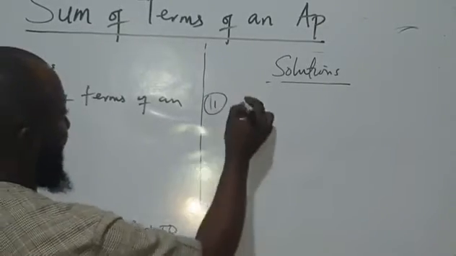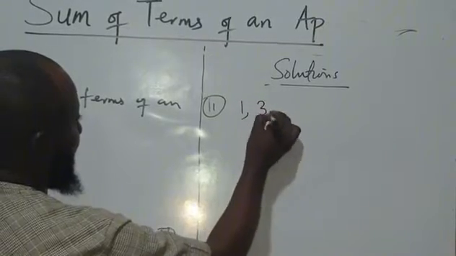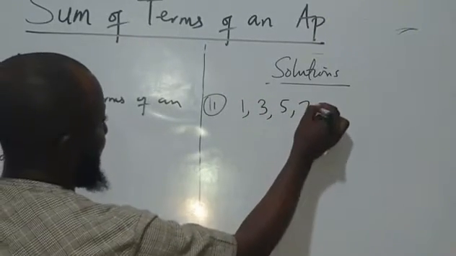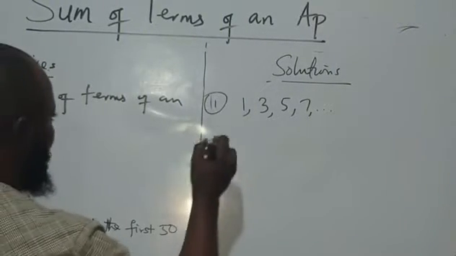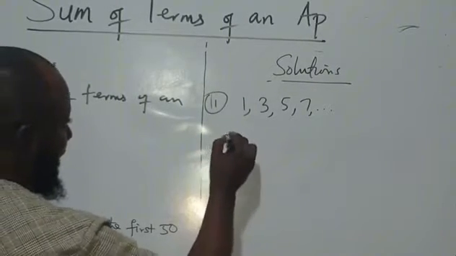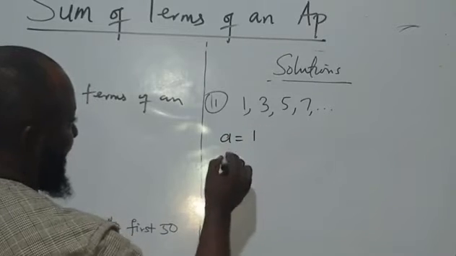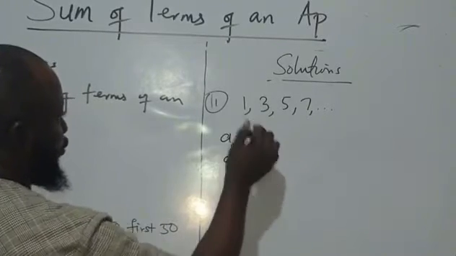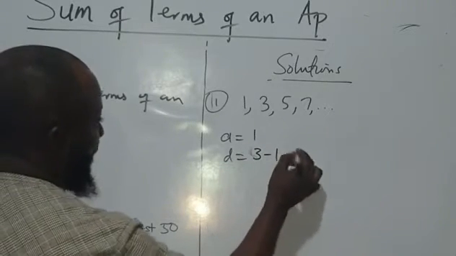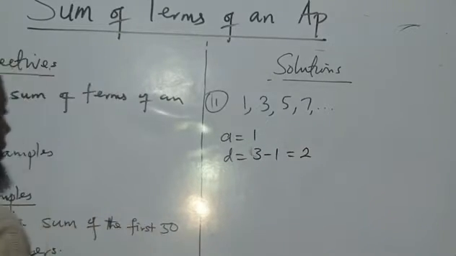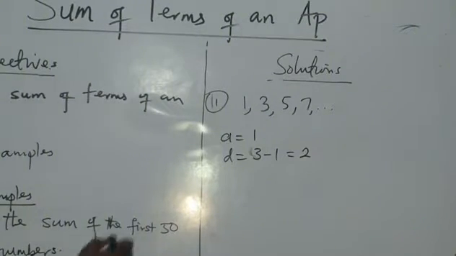The first odd number is 1, followed by 3, 5, 7, and so on and so forth, right? So our first term, a, is what? 1. Then d is what? 3 minus 1, that gives 2, right?